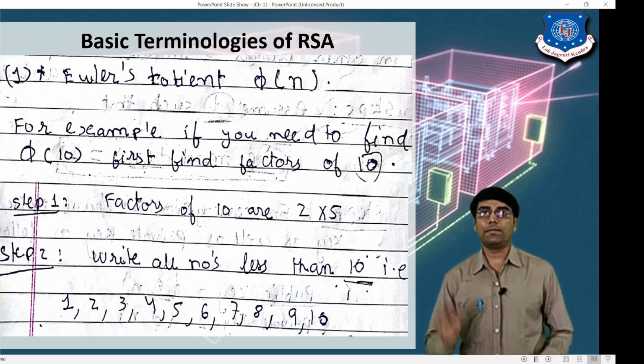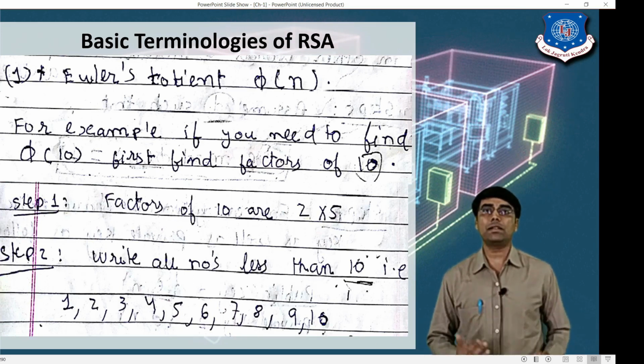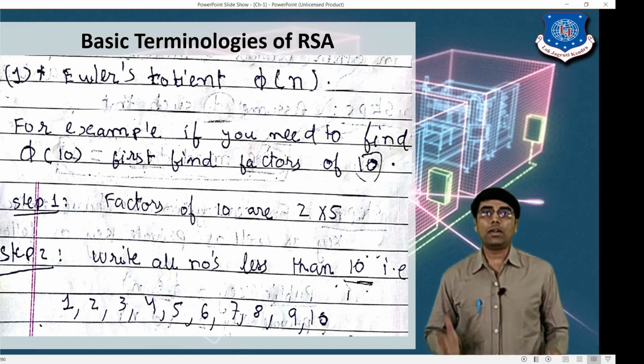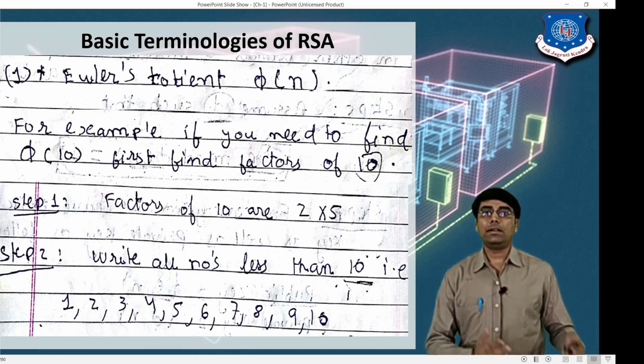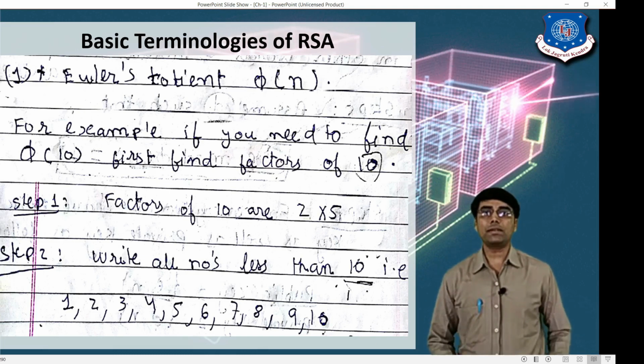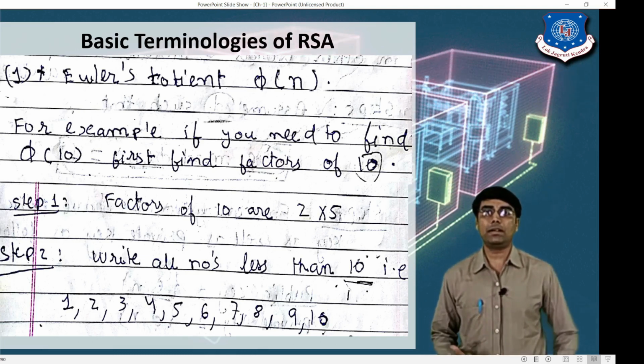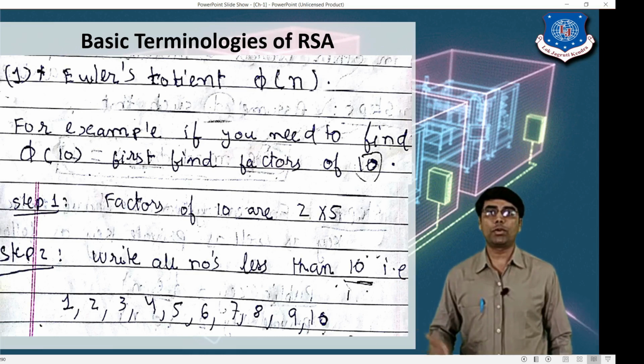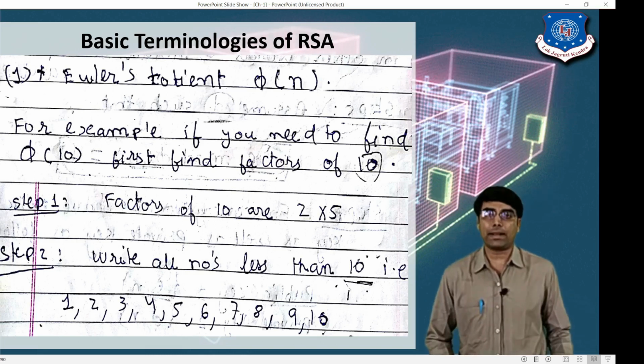In the first step, the factors of 10 are 2 times 5, it means 2 multiplied by 5. In the second step, write all the numbers less than 10. So you will get 1, 2, 3, 4, 5, 6, 7, 8, 9.